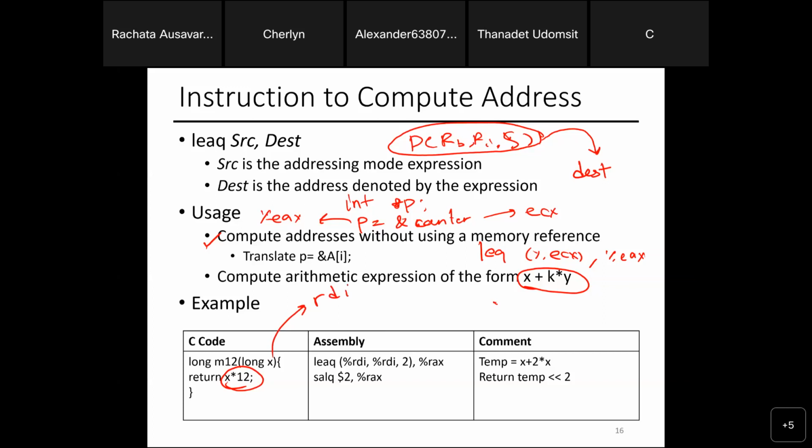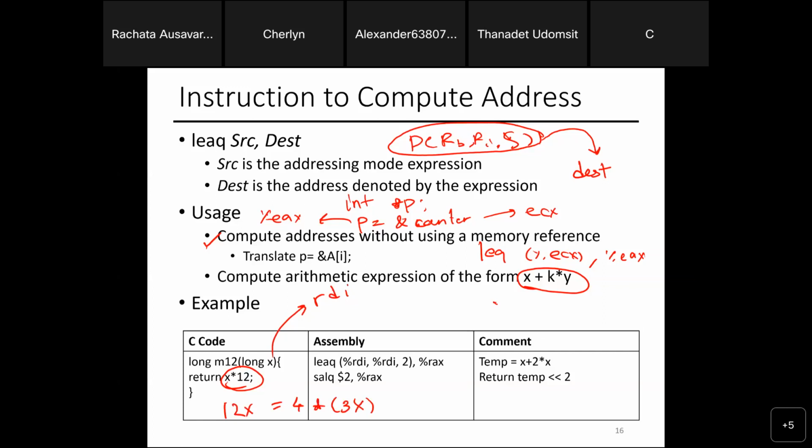I want to get 12x. You then realize that 12x is actually 4 multiplied by 3x. So first, if I can compute 3x, I can shift everything by 2 and I'll get 4 multiplied by 3x.